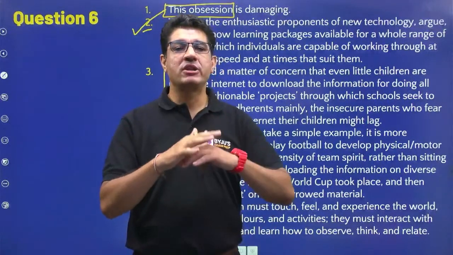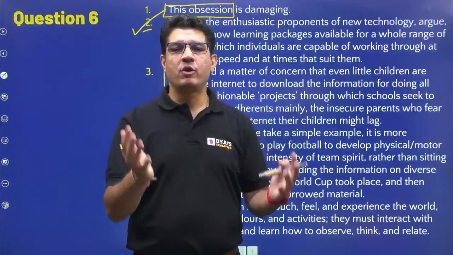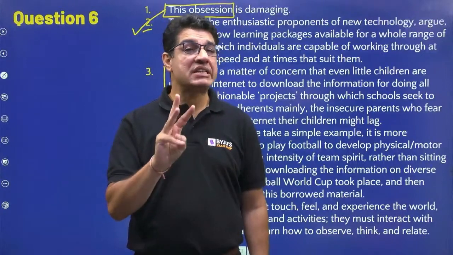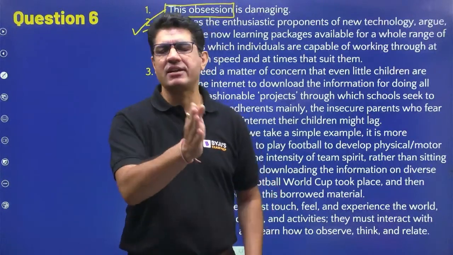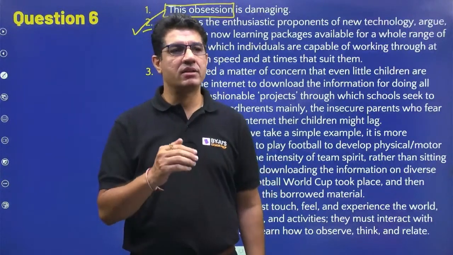Number 1, you are supposed to read it fast. Number 2, you're not supposed to read it for all the details. Number 3, you're supposed to read it only to get a bird's eye view of the entire passage. So at the end of that reading, you should know the subject matter, you should know the purpose of the author, you should know the key opinion, if any, that is shared by the author of that paragraph with you.